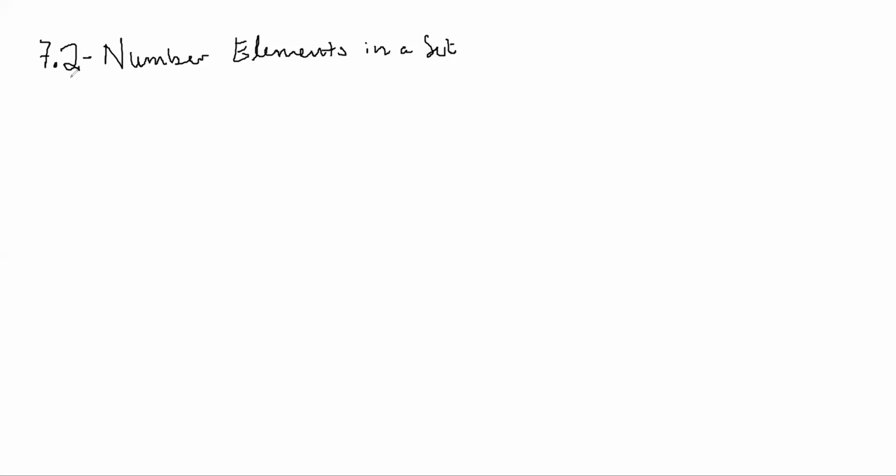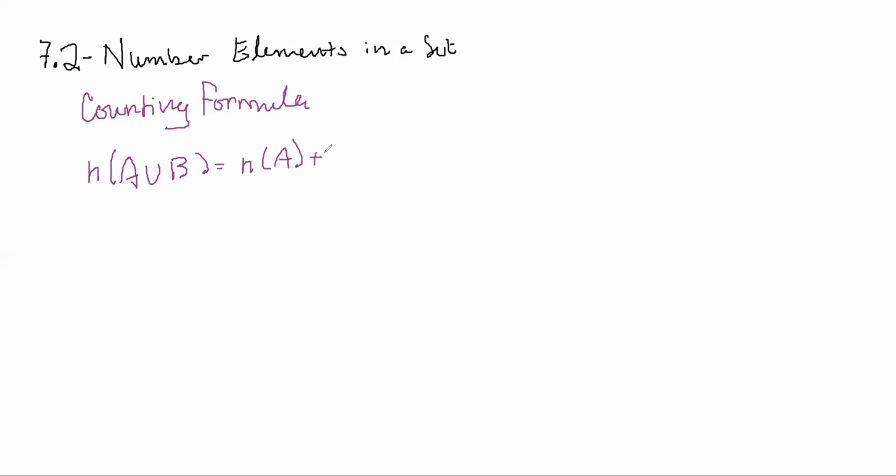So we have the counting formula, which says that n(A union B) is equal to n(A) plus n(B) minus n(A intersect B).